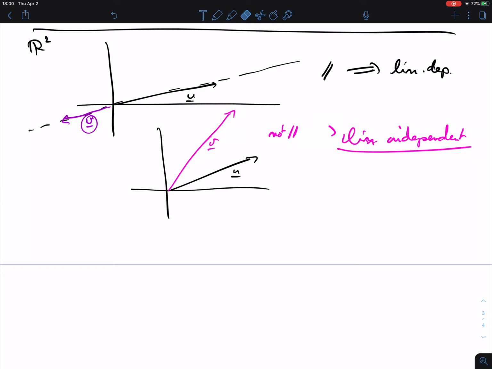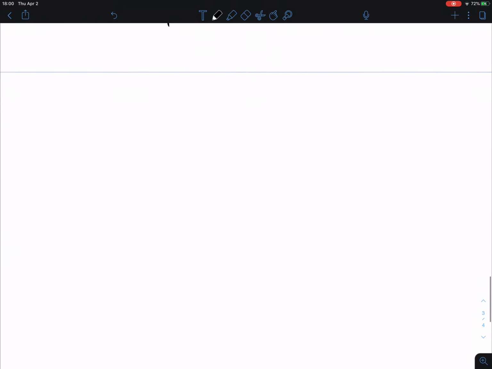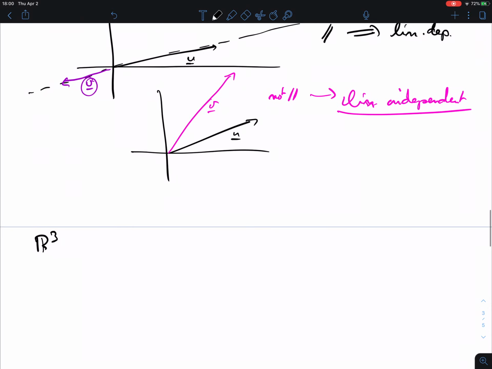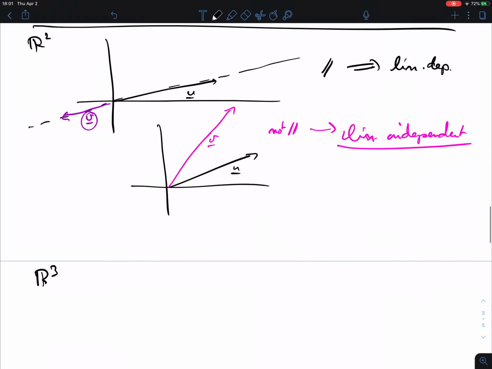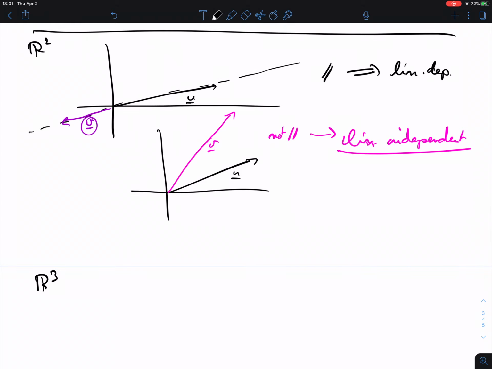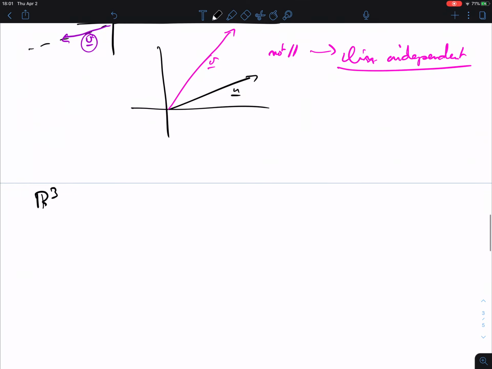Unfortunately, it's not always that easy if you go to more dimensions. Let's look at what happens in R3. In R3, of course, the same is true for two vectors, right? Either they are parallel, then they are linearly dependent, and if they're not parallel, then linearly independent. So that's still true. But what about three vectors now? Okay, so we have three vectors in three-dimensional space.